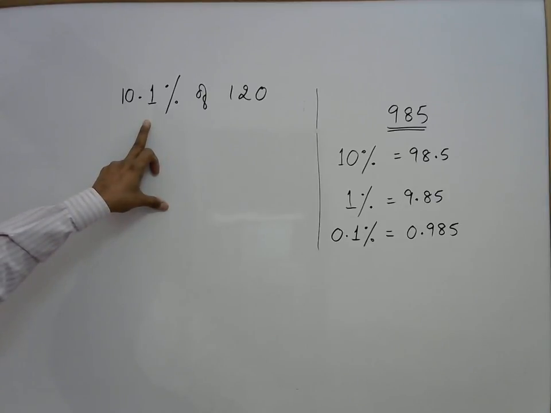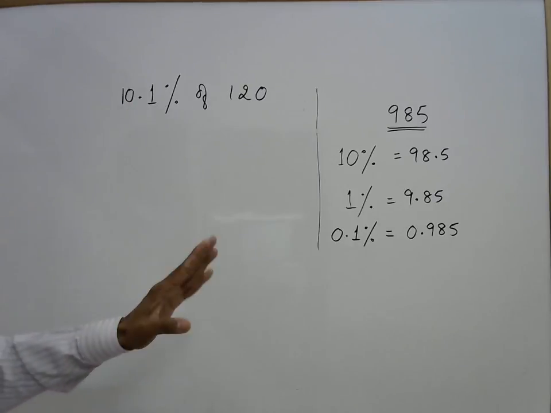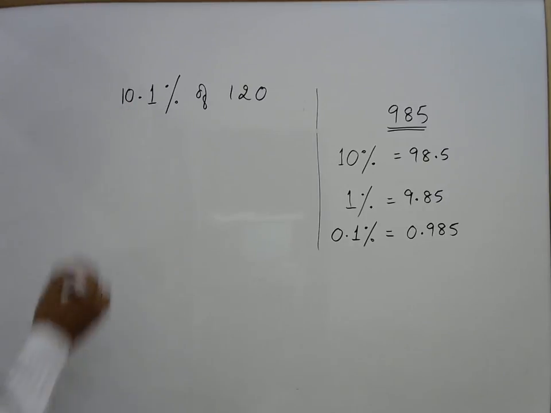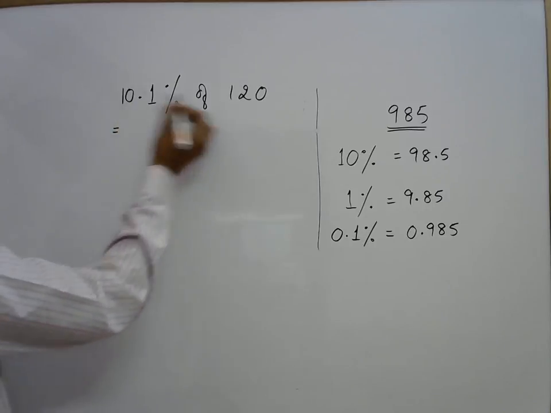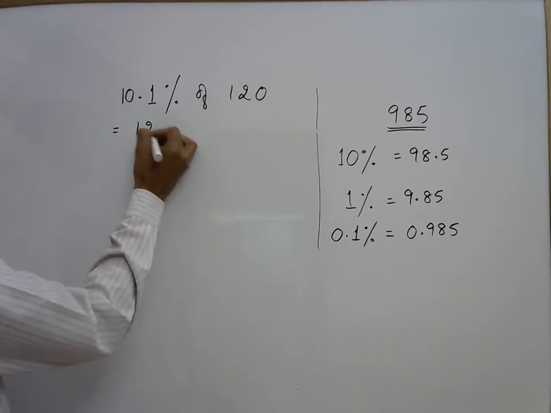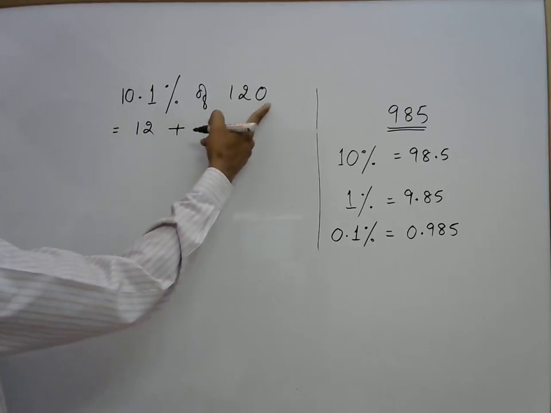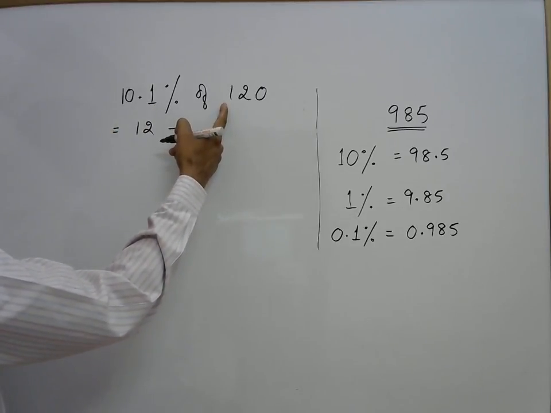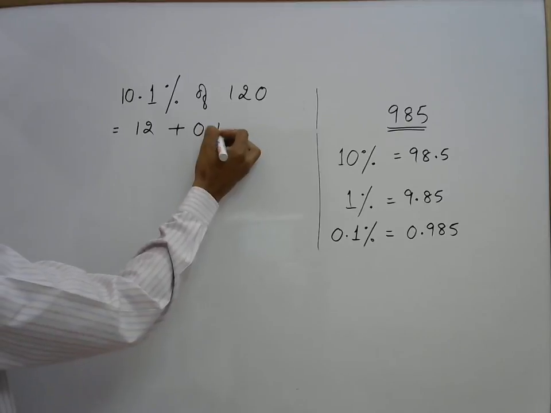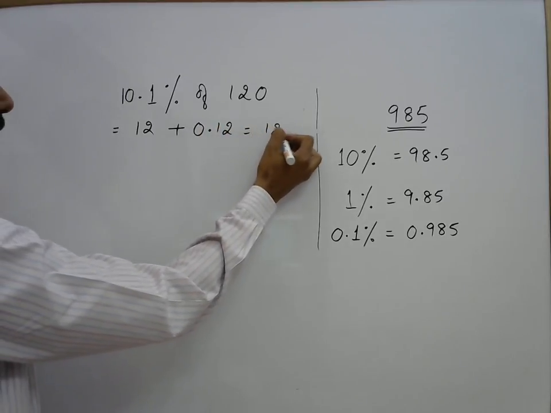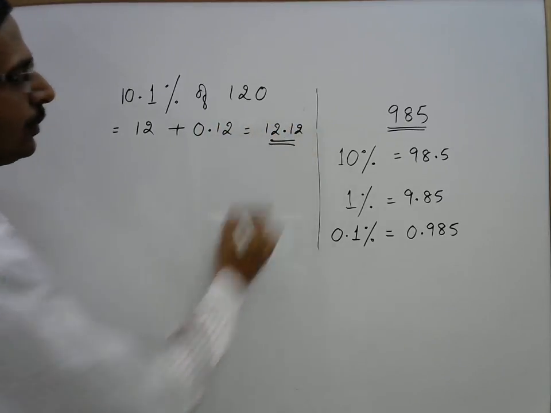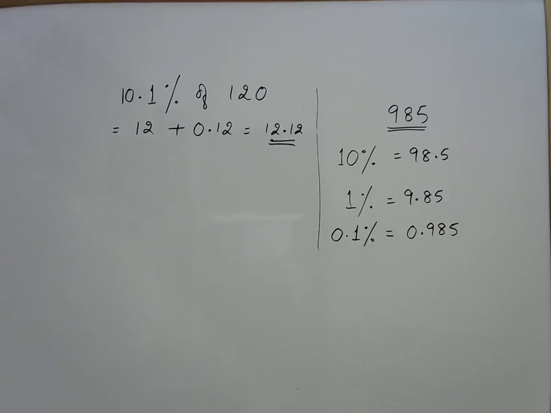So 10.1% is basically a combination of 10% and 0.1%. So 10% of this is 12 and 0.1%, 3 digits from the right side. So 0.12. So your simple answer is 12.12. So 10.1% of 120 is 12.12.